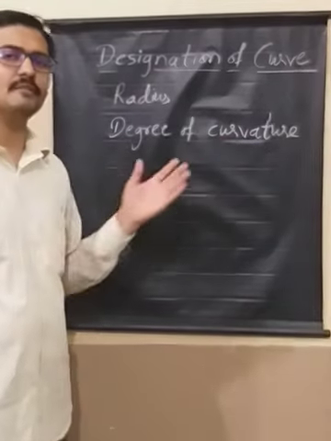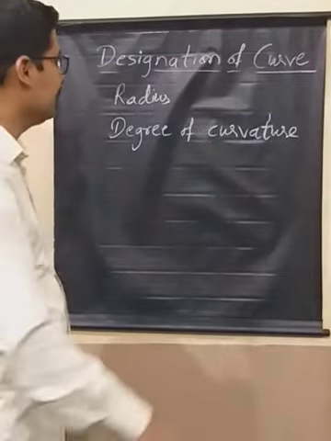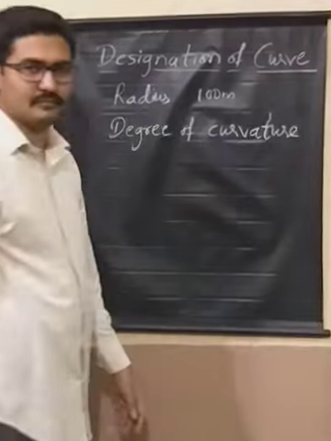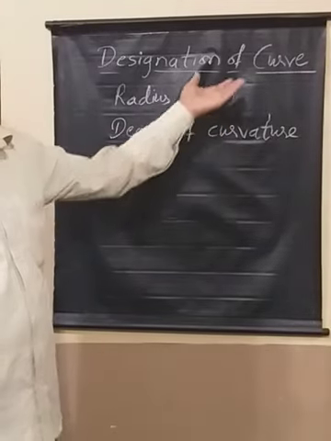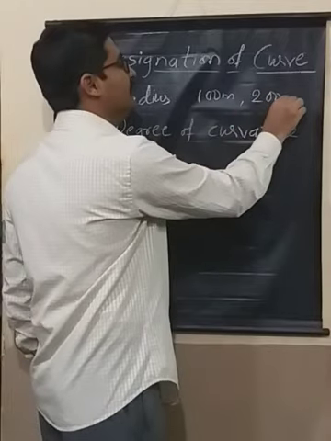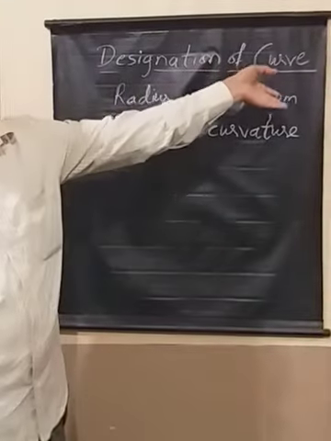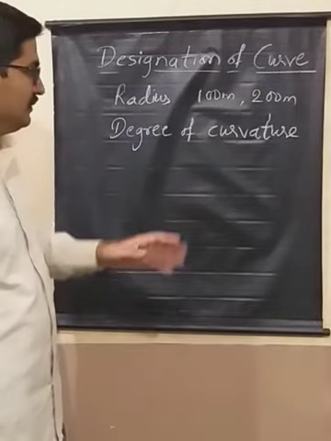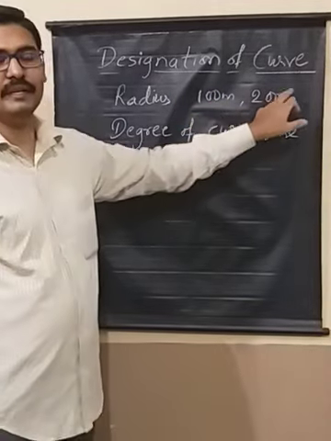If I have a number of curves in front of me, one curve might have a 100-meter radius, isn't it? So that curve is a 100-meter radius curve. Another curve, if I have one of 200-meter radius, then I call that a 200-meter radius curve. So this is how we identify the curves, based on the radius.